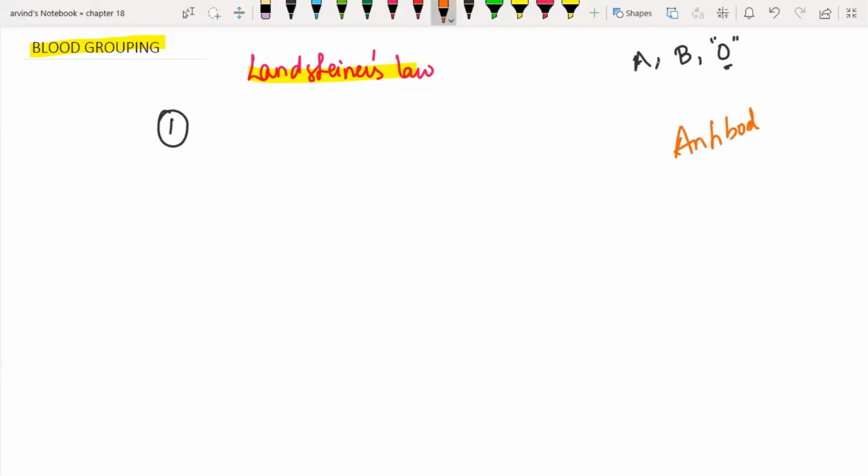Antibodies. These are basically proteins, and the majority of the antibodies are going to belong to a class of proteins called immunoglobulins, right? So these are some basic things that I hope you already know. If not, it is also fine.